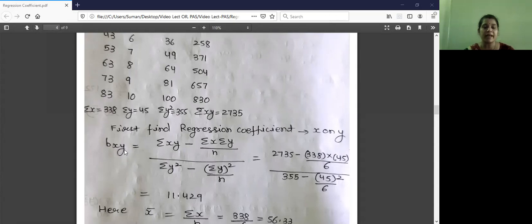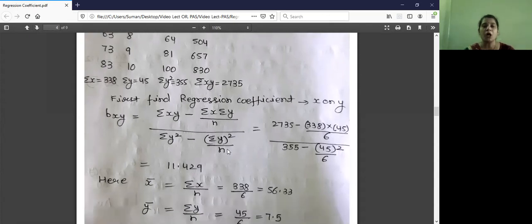Got it? So here, y is the last variable. In x on y, we have written y last. So in the denominator we write the terms of only y. In case we write byx, then in the denominator the term is only x. Got it?